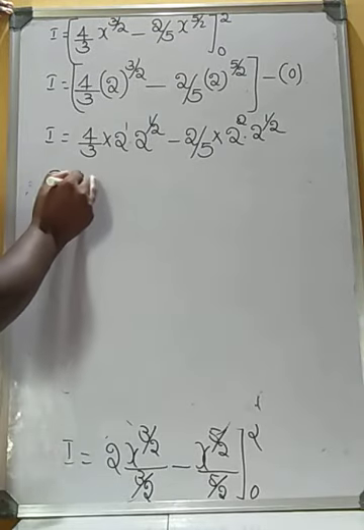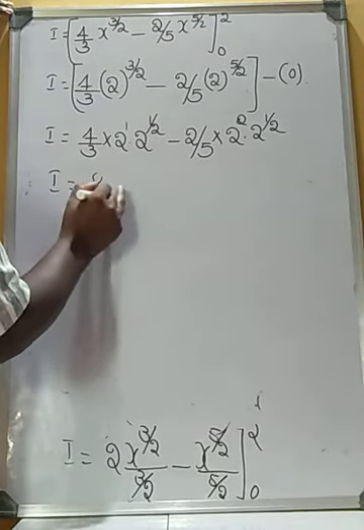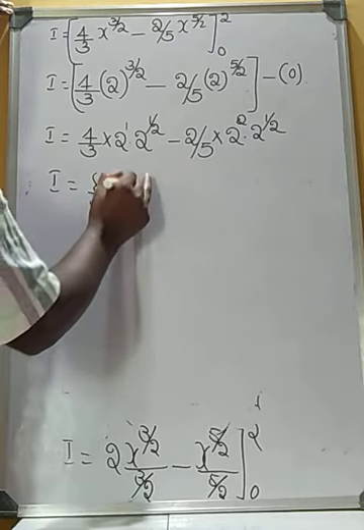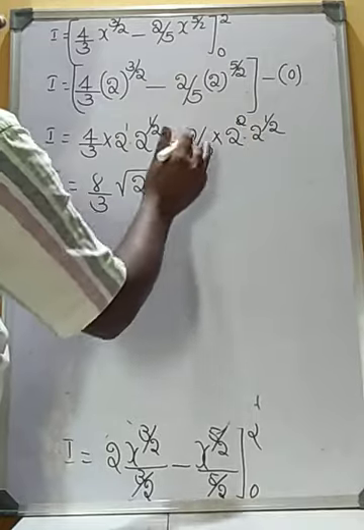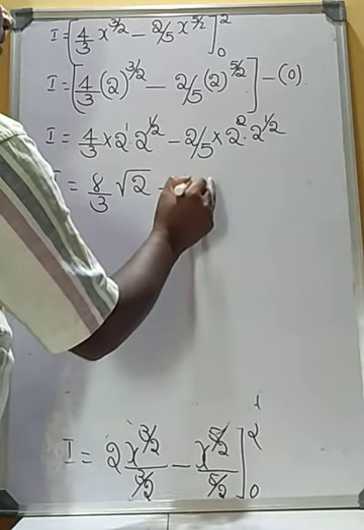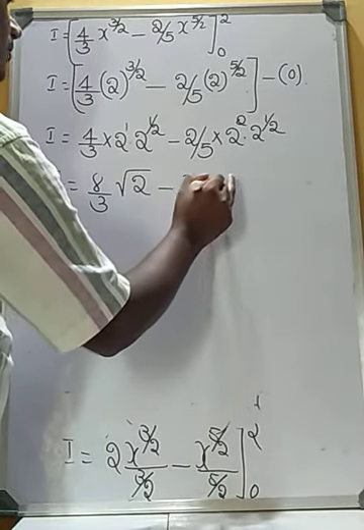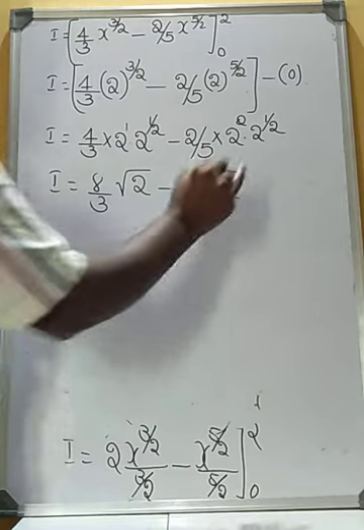Therefore I equals 8 by 3 into root 2 minus 4 2s are 8 by 5 into root 2.